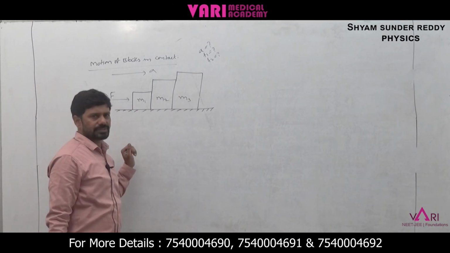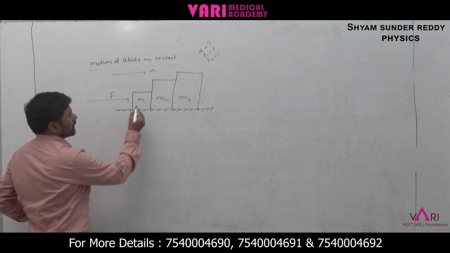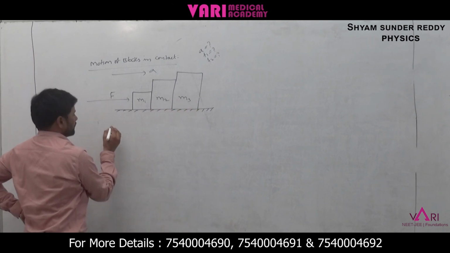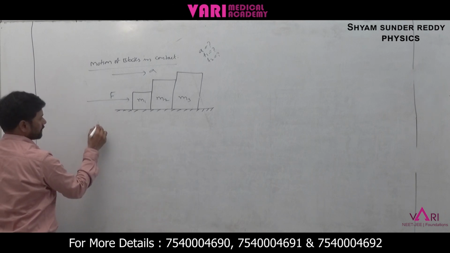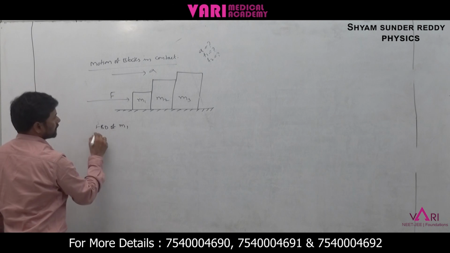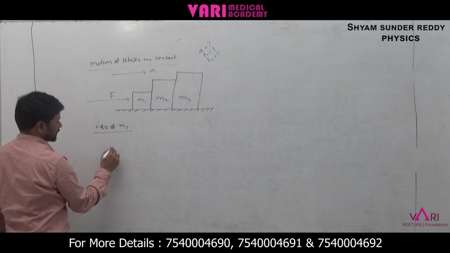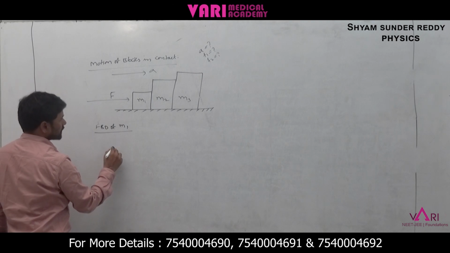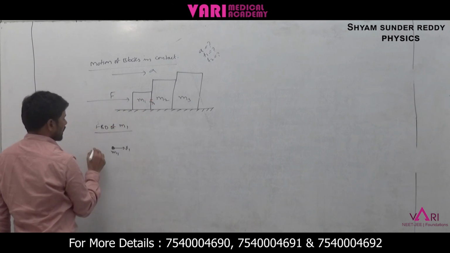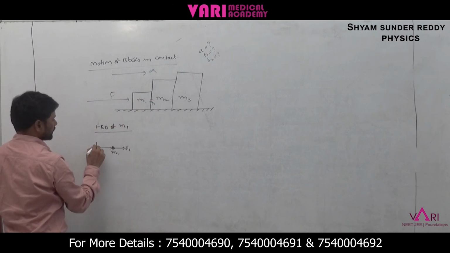Direction is very important. Based on this, we take the FBD of M1, FBD of M2, FBD of M3. FBD of M1, in the horizontal direction: in between these two, F1 is working, and here F is working.